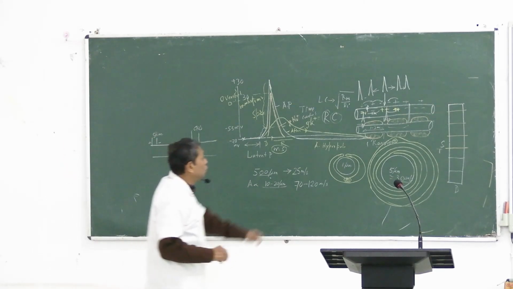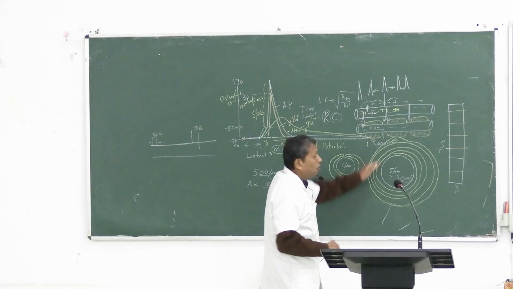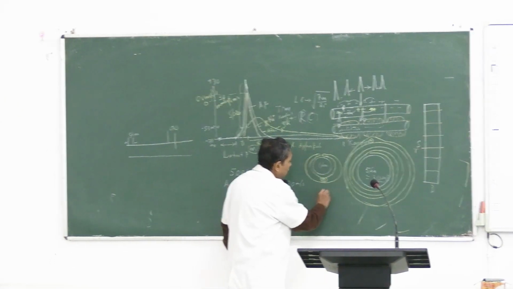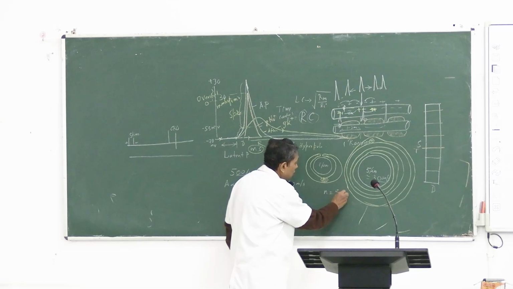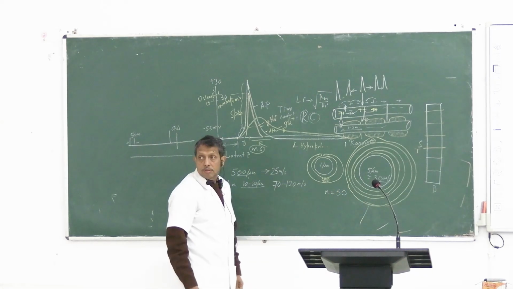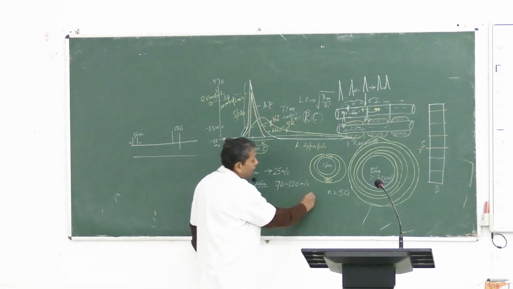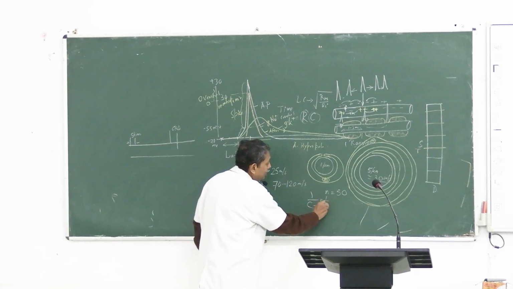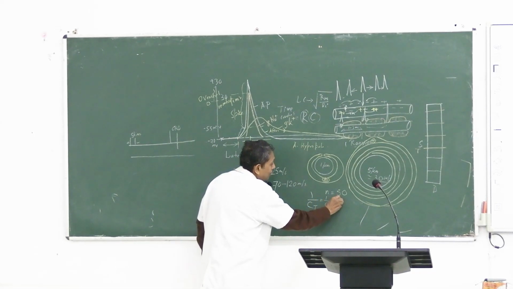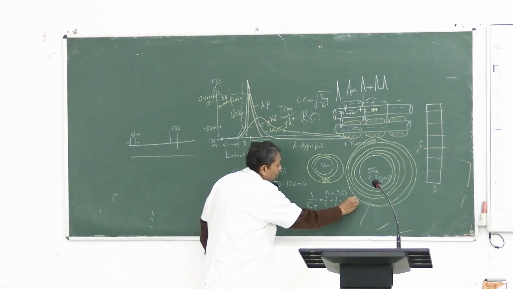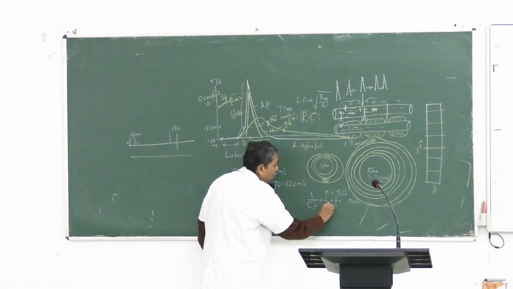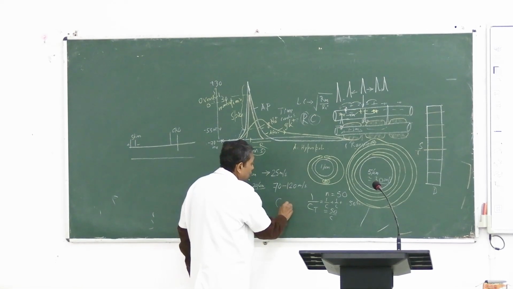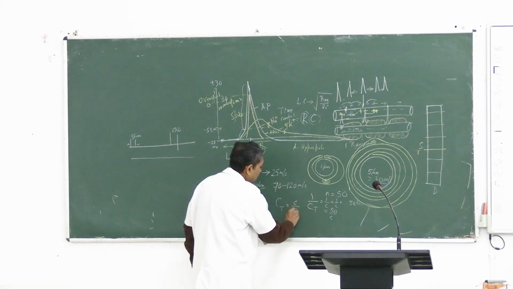Suppose there are 25 such folds, then the number of membranes is 50. So the total capacitance, CT is equal to 1 by C plus 1 by C up to 50 times. So it is 50 by C. So CT is equal to C by 50.